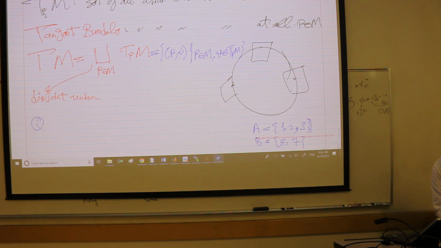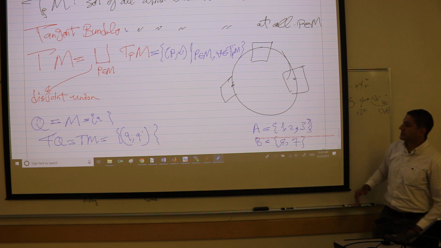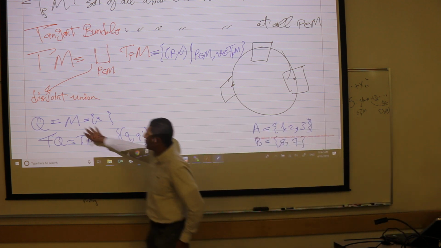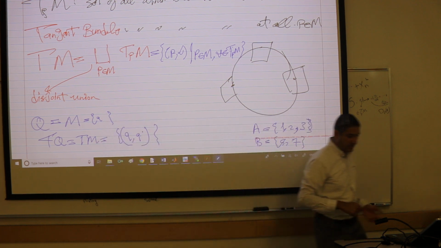In configuration manifold, this is a manifold. Then this is the set of all q's, right? Then we have the tangent bundle, TQ or TM, is the set of all q and q dot, right? So this is the state space. We have a configuration, and this is the state space, which is positions and velocities in mechanics.